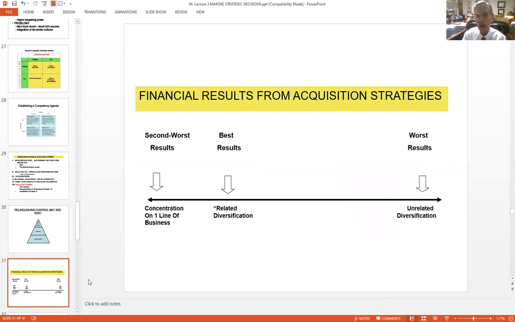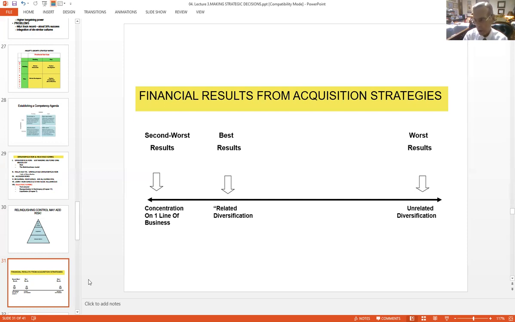Research was first done by a guy named Richard Rumelt. And he's moved from Harvard to UCLA. I think he did this research when he was at UCLA, but I'm not sure. But he wanted to find out just what characteristics of acquisitions were conducive to the best results.